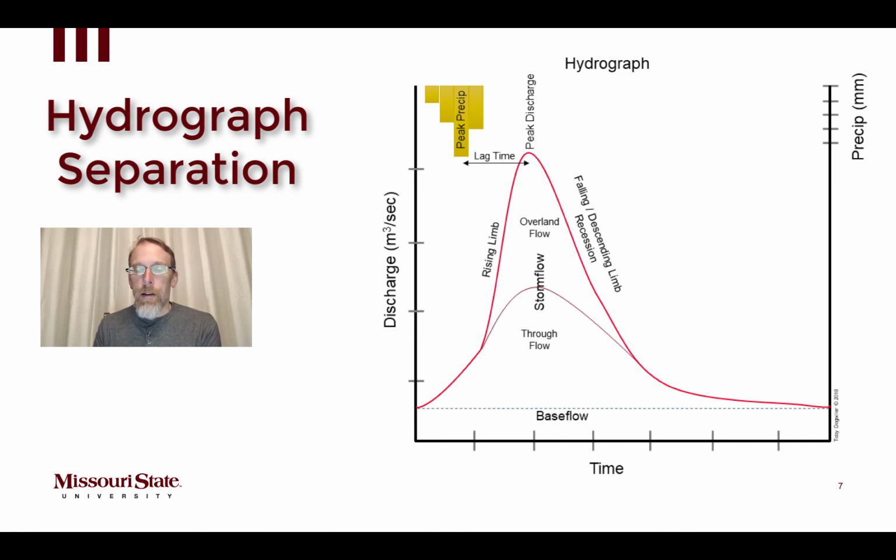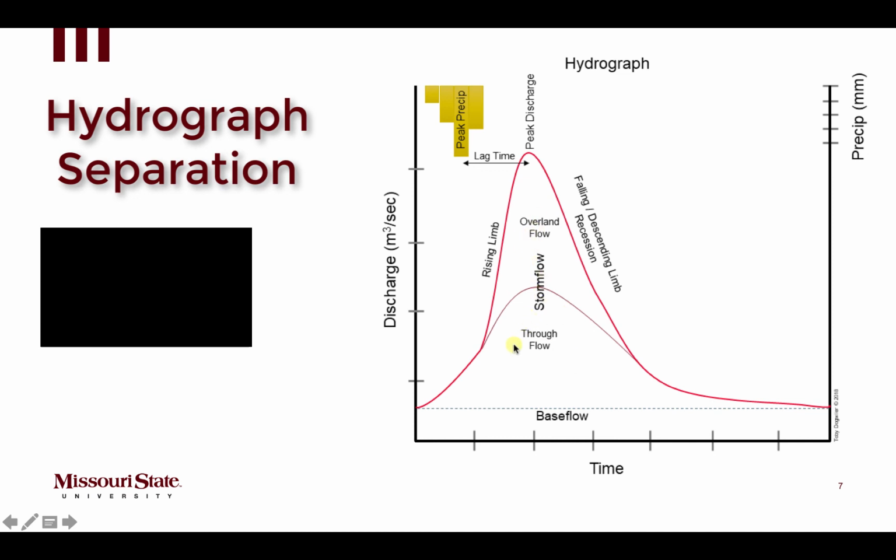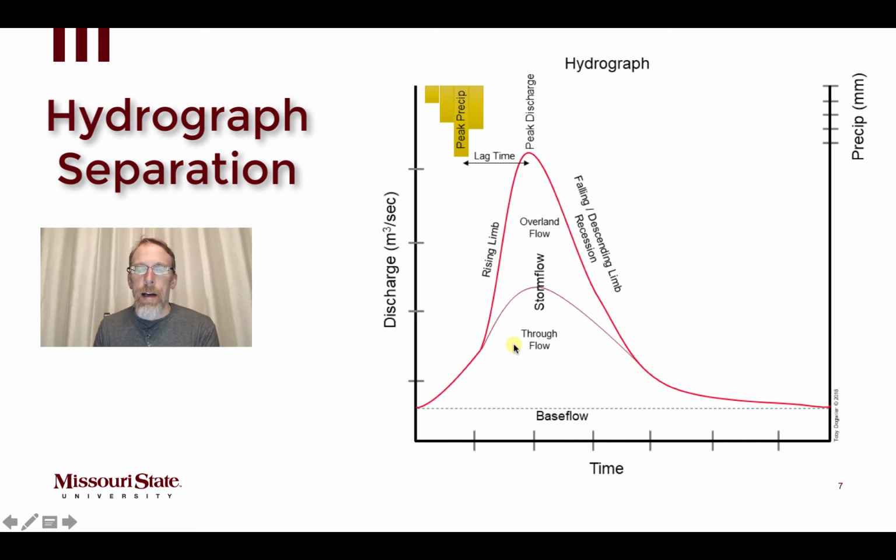So some water can drain as through flow. Once the soil becomes saturated, we get overland flow. We can separate out those components of the hydrograph. And what you see here is our flashiest hydrographs, our flashiest floods occur when we get overland flow.